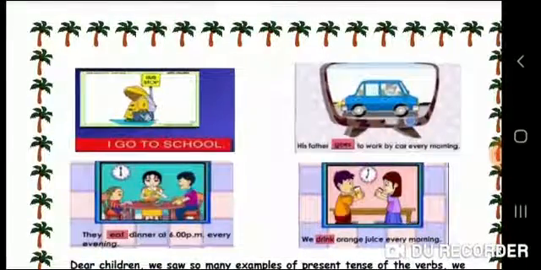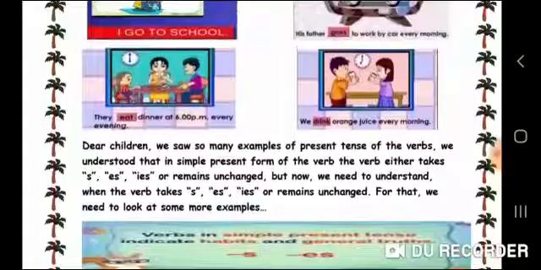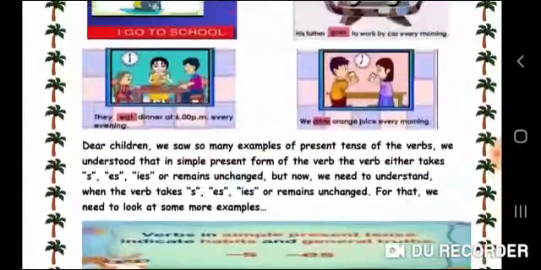So this is the subject-verb agreement rule, with the exceptions of the personal pronouns I, you, we, and they. The verb does not take s when it is used with them.